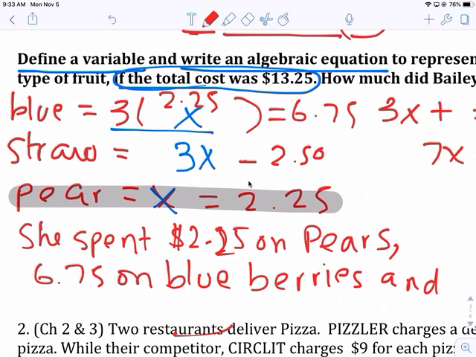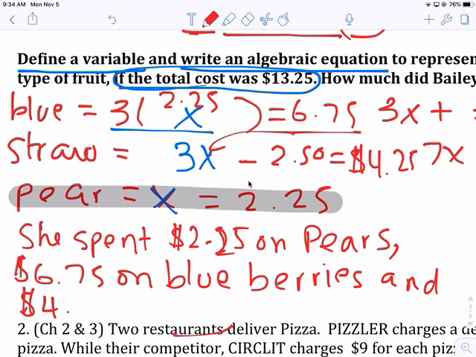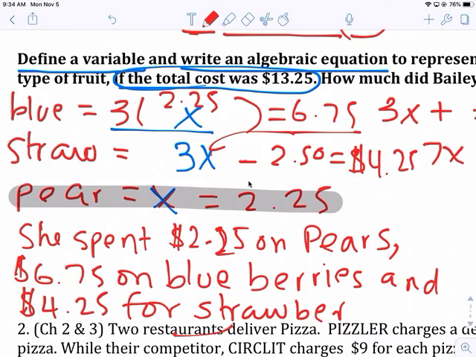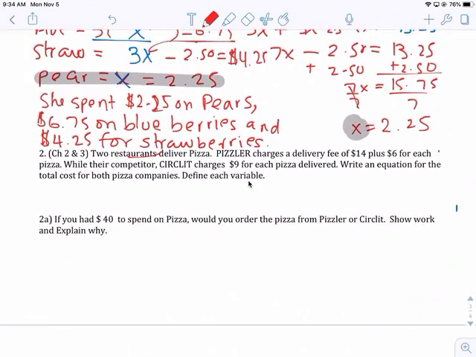And for strawberries, 6.75 minus 2.50, you get $4.25 for strawberries. Okay, that's how you do that.